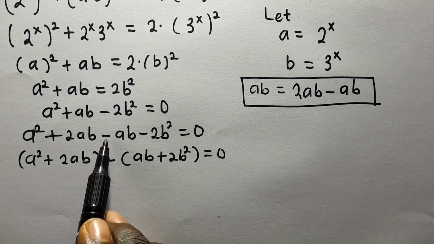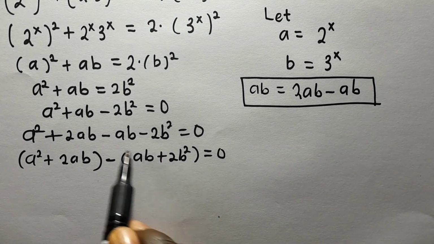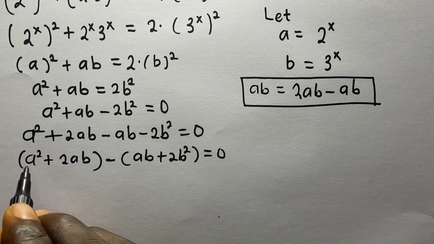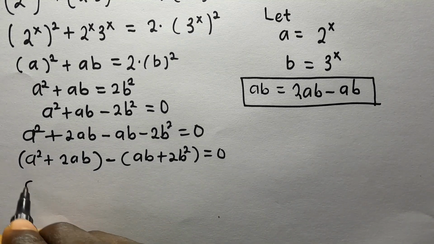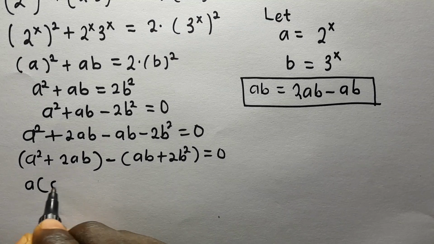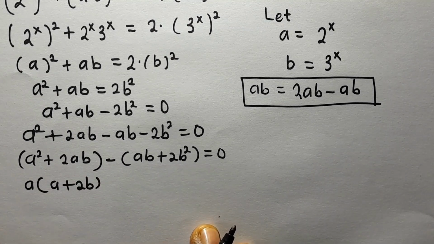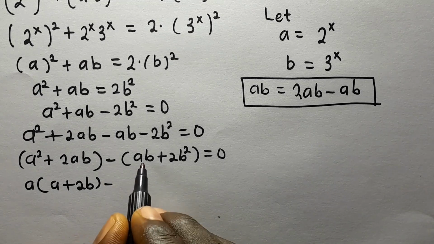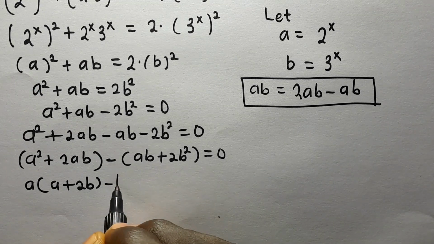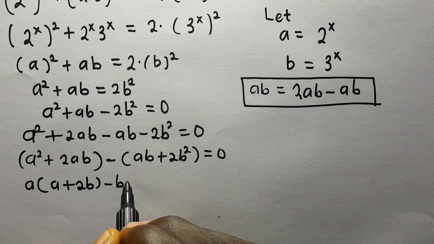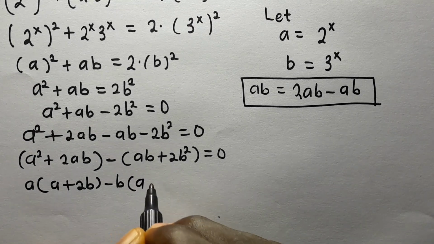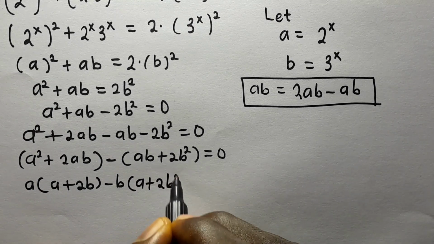Because when we use this minus to open the bracket here, we are going to have all this back. Now what is common here is a. We can have a into bracket of a plus 2b, and also when we factorize, b is common here, we have minus b, then we have a plus 2b.